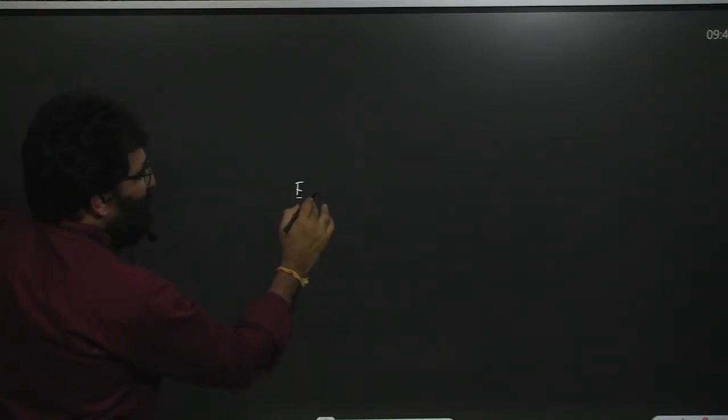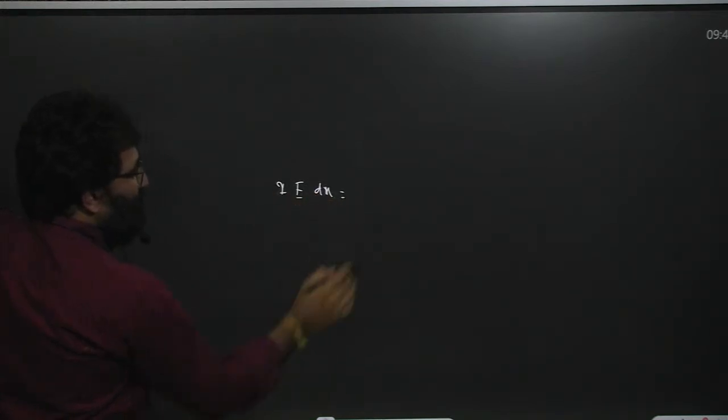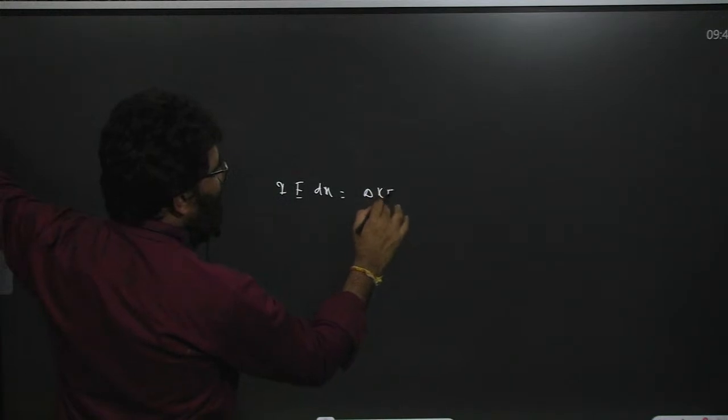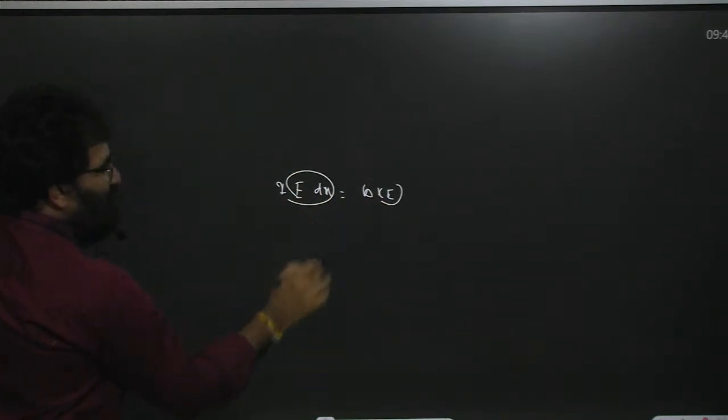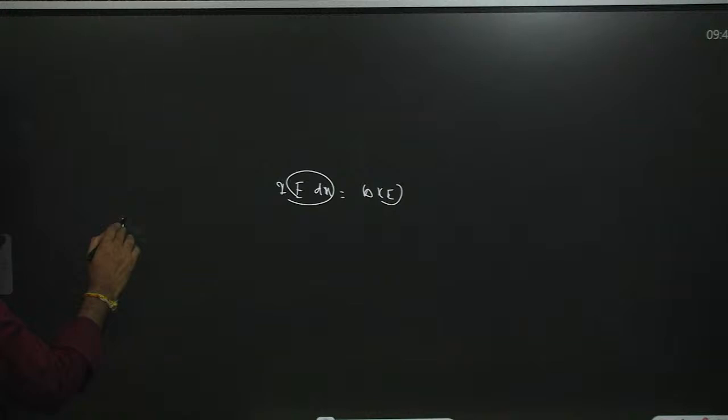Now, whenever the charge moves by a distance dx, Q into E into dx is nothing but what? The change in kinetic energy. Now you tell me, E into dx is what? E is equal to what?